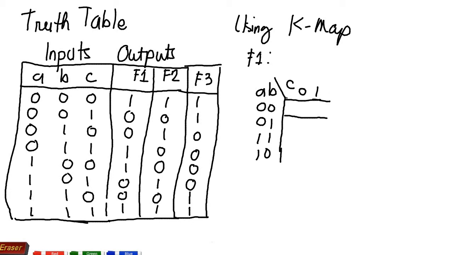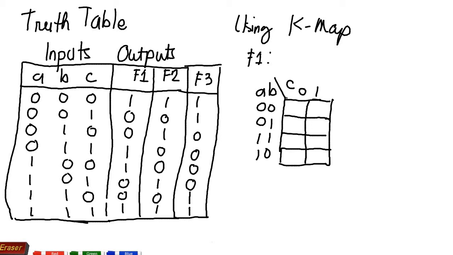This will depend on how you set up your table in your K-map, so it might be that my equation is different from yours because you have a different setup of your K-map table. It depends on the setup.